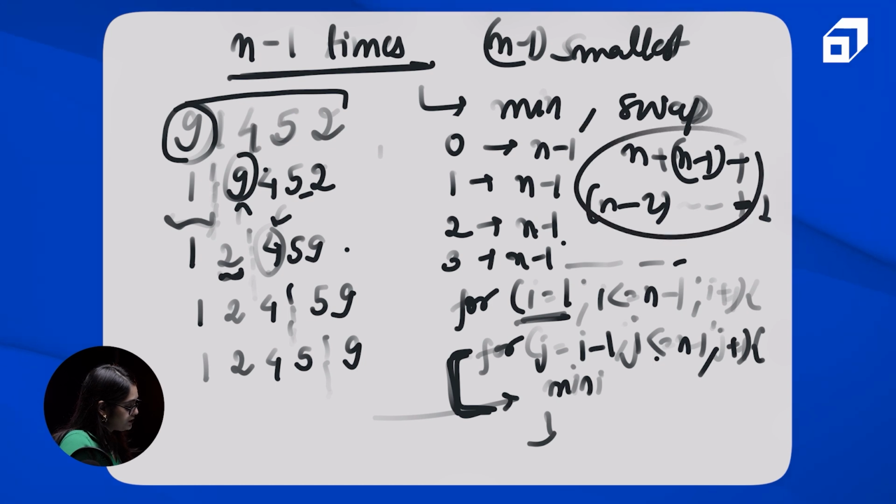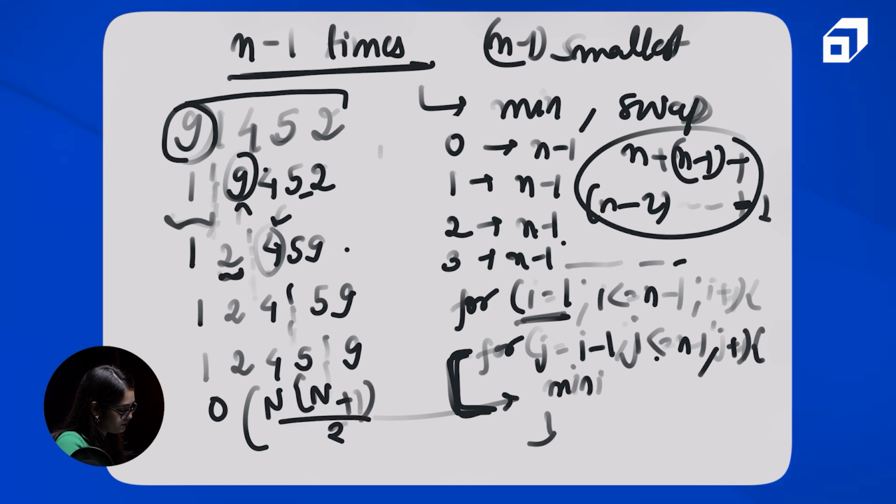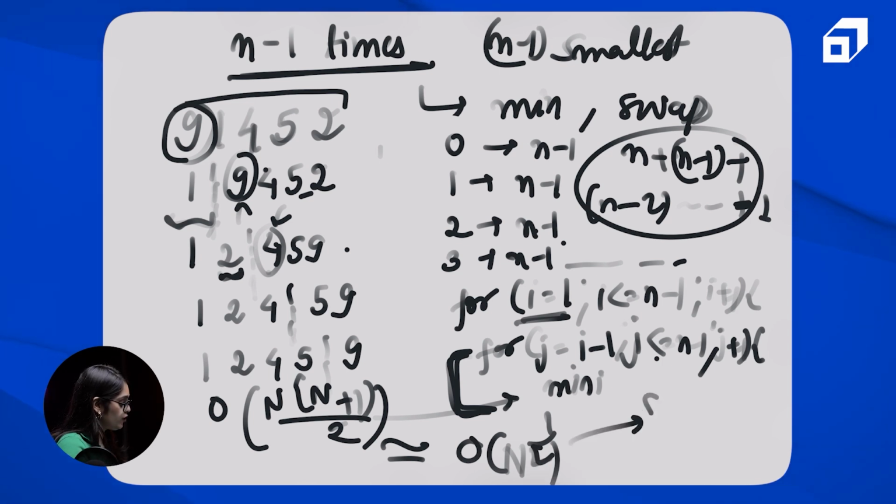So this also boils down to the same formula that we were looking at earlier, which is the sum of first n natural numbers. So this becomes O of n into n plus 1 by 2, which is similar to O of n square. And our space complexity will be O of 1, since we are not using any auxiliary space while running the solution.